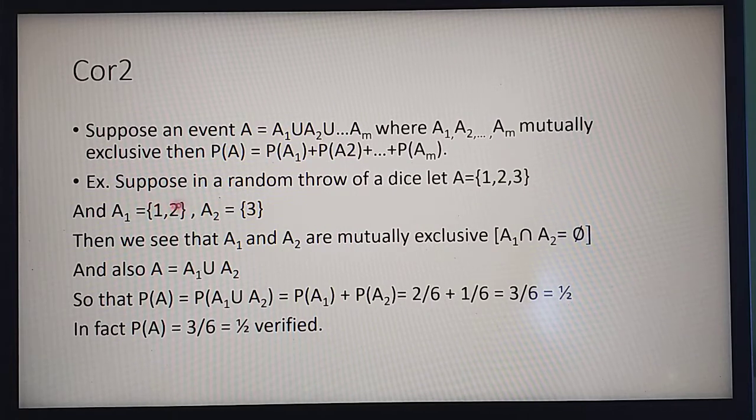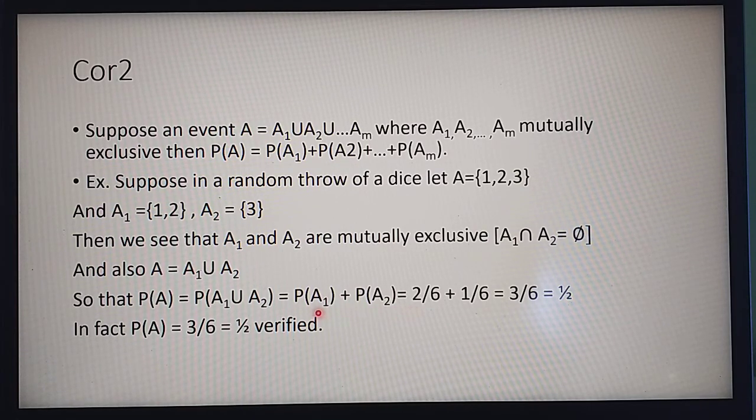As an example, suppose in a random throw of a dice, let A be {1, 2, 3}, A1 be {1, 2} and A2 be {3}. So A1 union A2 will be {1, 2, 3}, that is A. Then we see that A1 and A2 are mutually exclusive, that is A1 intersection A2 is phi, the empty set, and also A is equal to A1 union A2, so that P(A) is equal to P(A1 union A2), which is P(A1) plus P(A2).